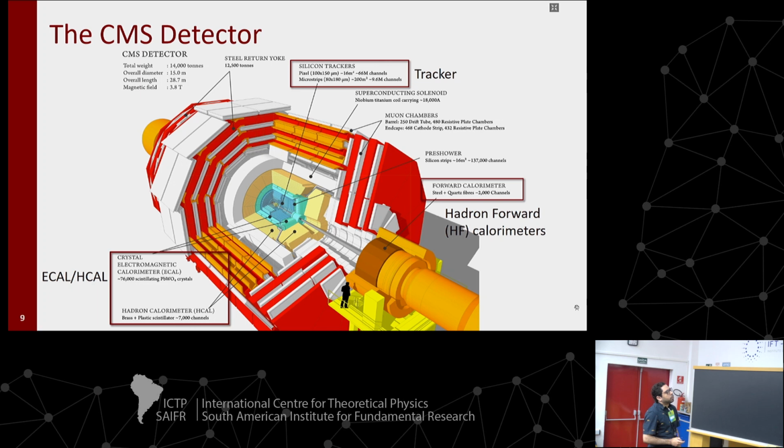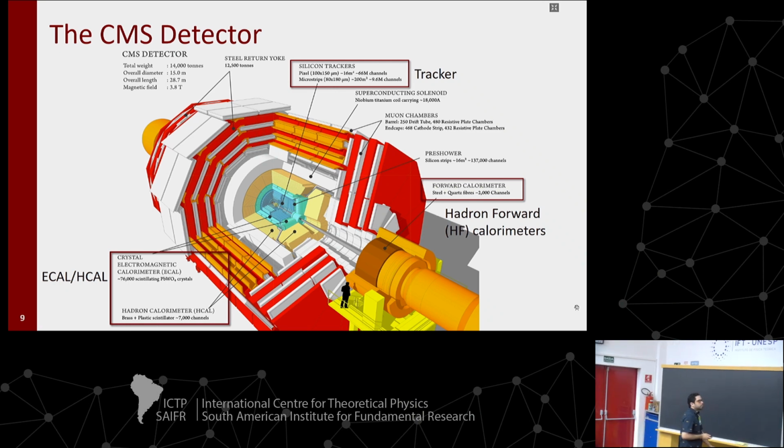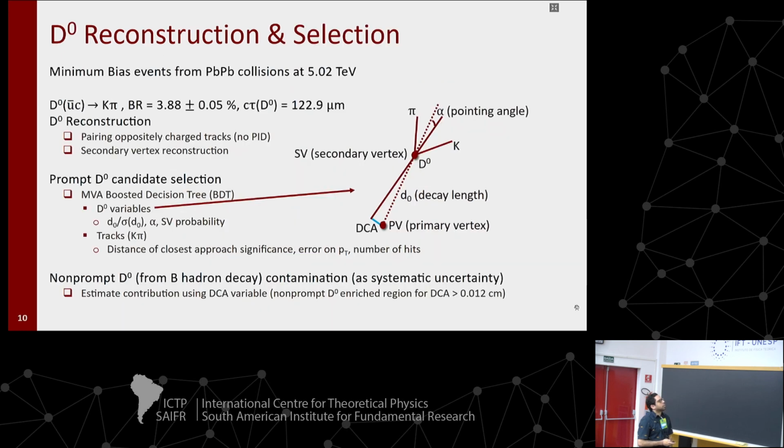We also have forward detectors that are basically used for triggers, but also used for the measurements of the event planes that we use in our analysis. Okay? So the electromagnetic and the hadronic calorimeter are also sometimes used for the high multiplicity events that we have in proton-proton and proton-lead collisions that I'm going to show here.